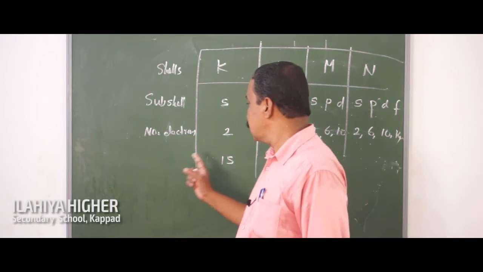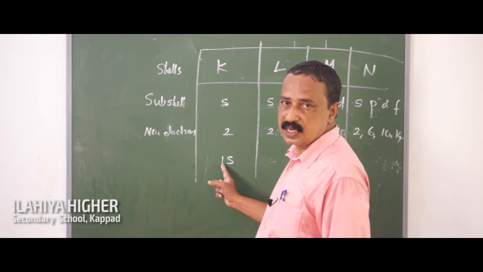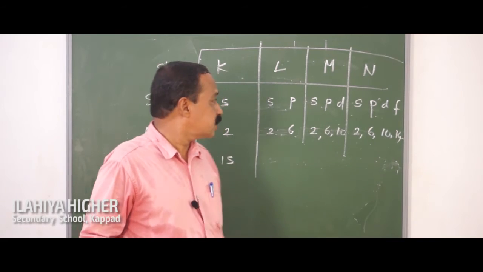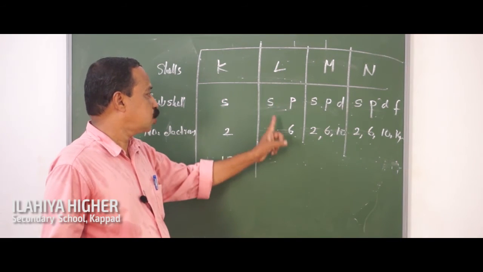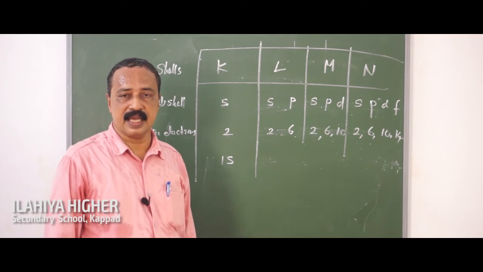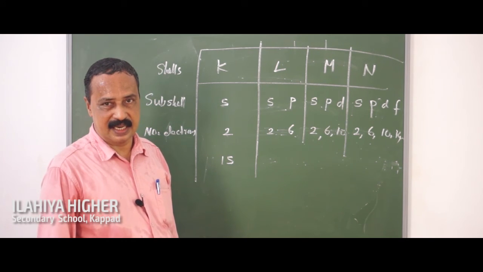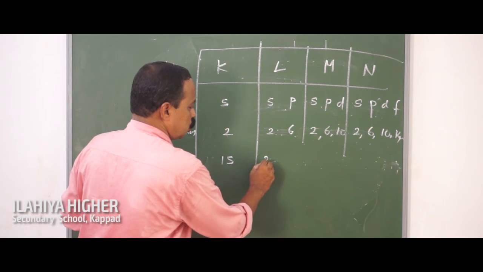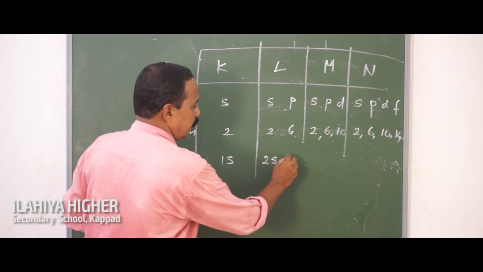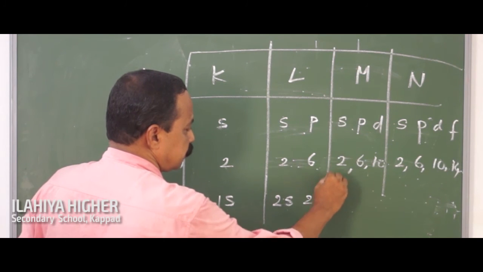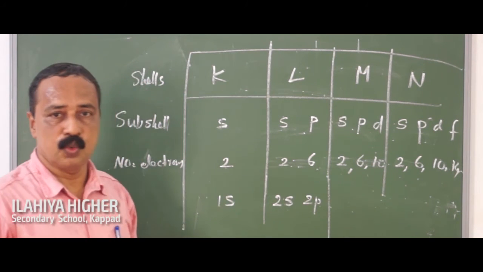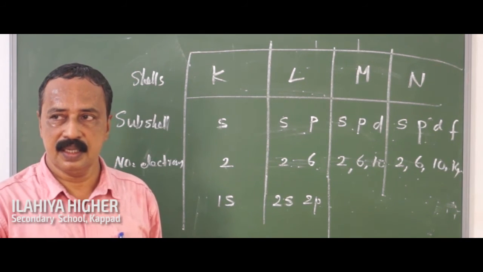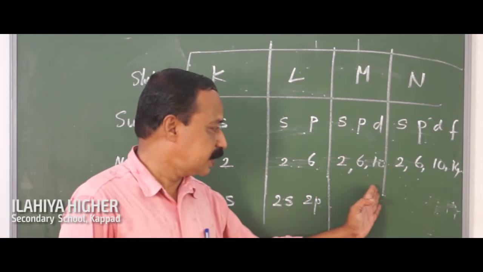It is the subshell of the first shell, the K shell. Then the second shell, L. Again there are two subshells here, S and P. Since it is the second shell, they are written as 2S and 2P. I think you can fill in the remaining portion.